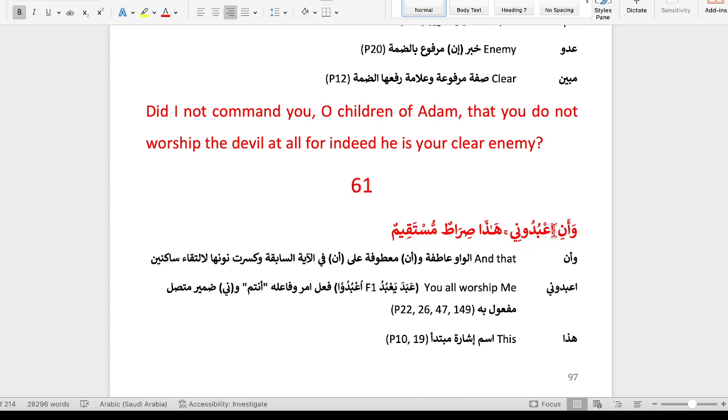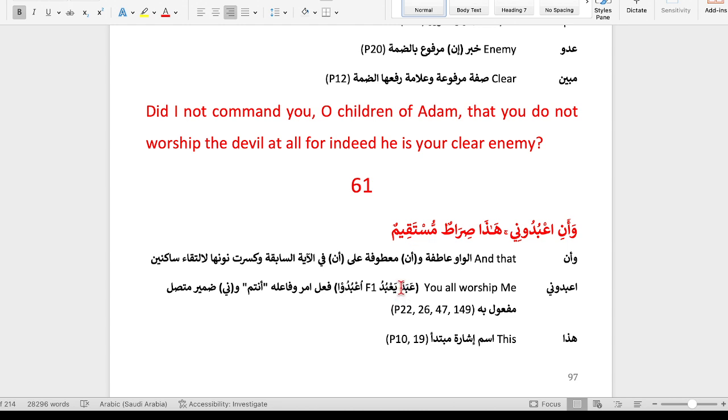So there is no sound for the alif. That is why there is a difference between alif with hamza and without hamza. This is hamzatul wasl, and this is called hamzatul qata. The difference is just that this is not pronounced when something comes before it. So this is actually ubuduni.